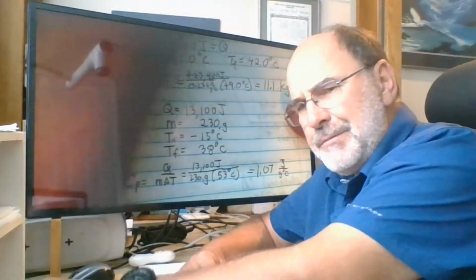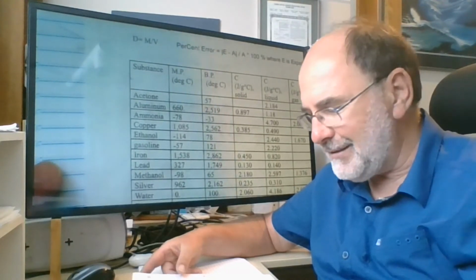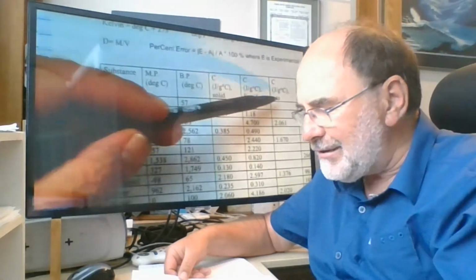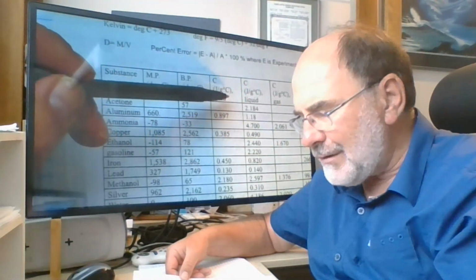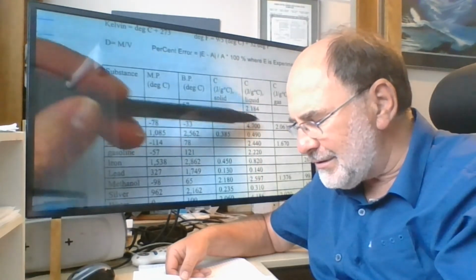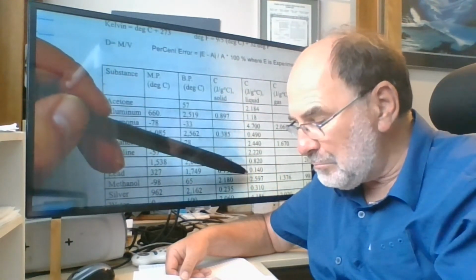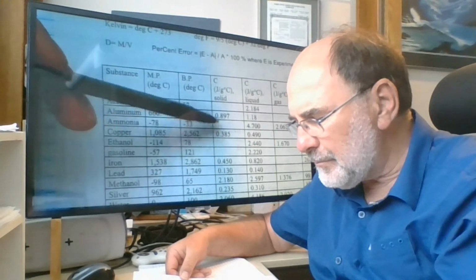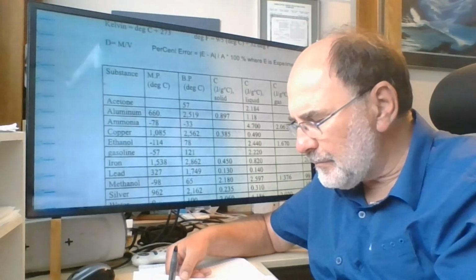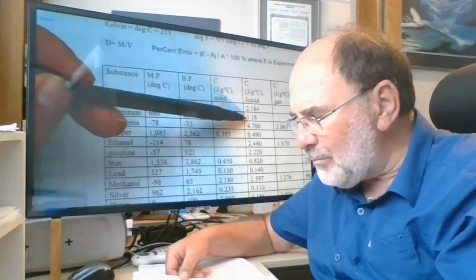So what is this mystery substance? I'm going to just look around and see what is the closest number I can find to 1.07 in any of these three columns. And then put in a little caveat. The closest thing to 1.07 would be 1.18.